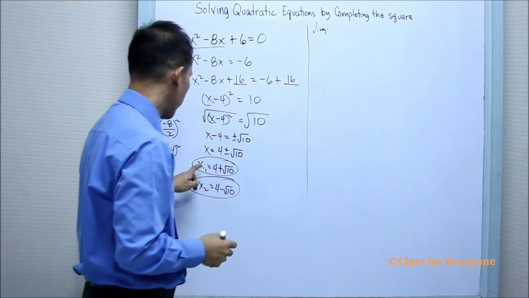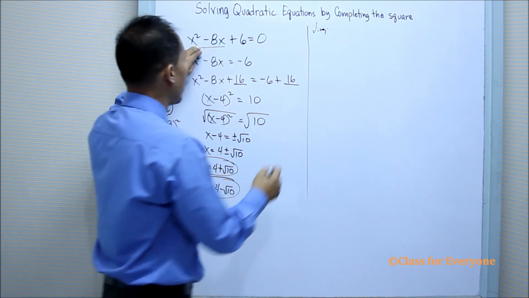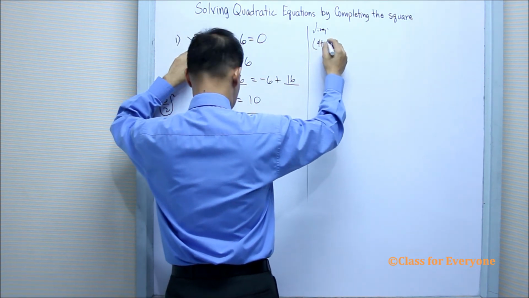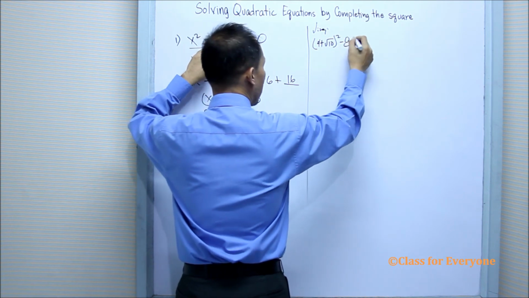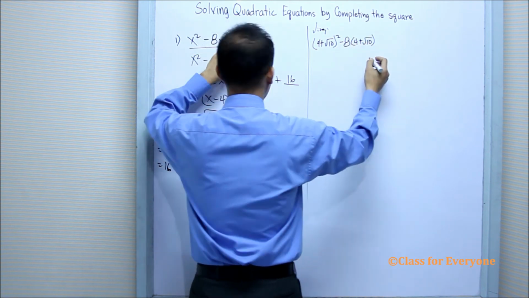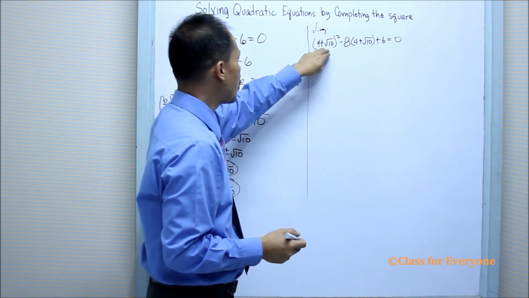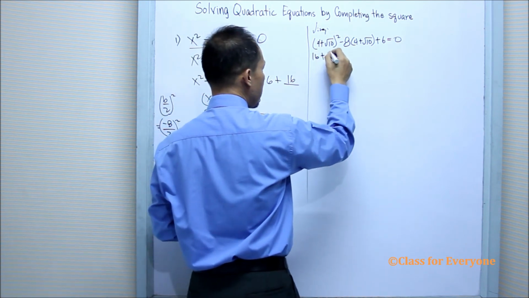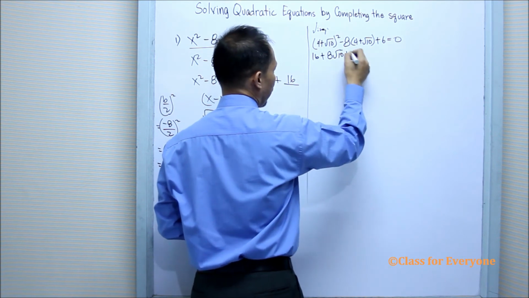In checking the first root, I'll substitute the first root in the original equation. That will be 4 plus the square root of 10, squared, minus 8 times 4 plus the square root of 10, plus 6 equals 0. Squaring this binomial, I will have 16 plus 8 times the square root of 10 plus 10.